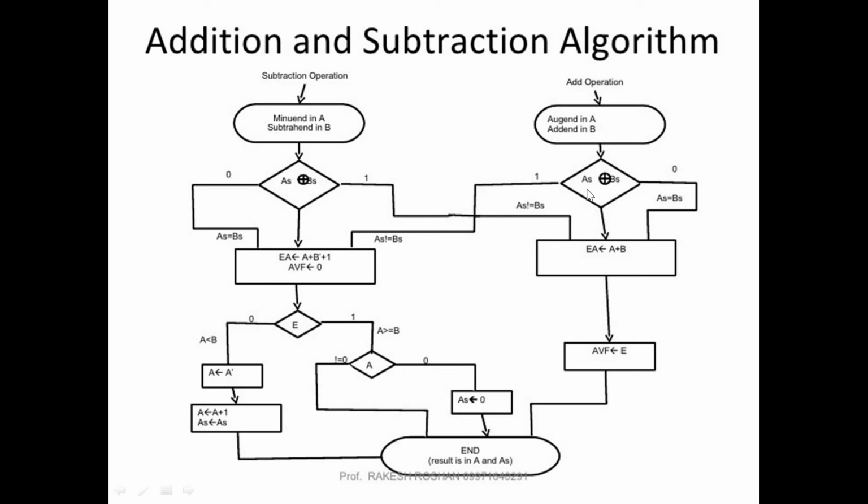So in this case, for a positive sign, AS value equal to 0 and BS value equal to 0, and the output equal to 0.